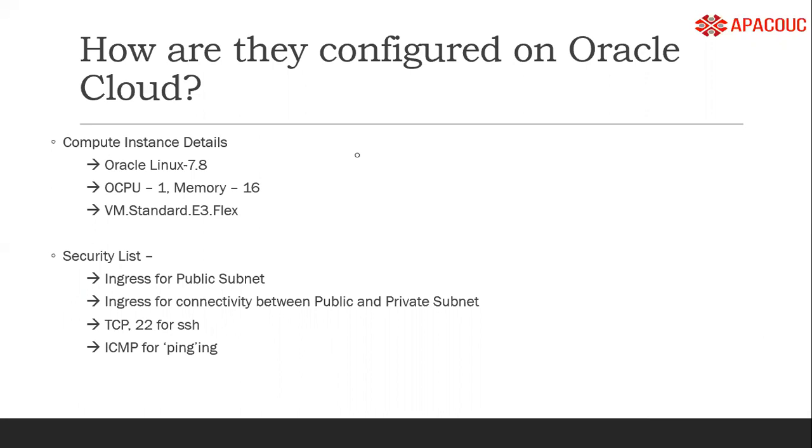I give 16 GB of RAM, and I would be tweaking the security list here, wherein I'll make sure the TCP protocol and port 22 for SSH is open and available at 2 endpoints. The first one will be at the public subnet, and the second one will be at the private subnet. I can optionally also enable ICMP so that I'm able to ping the Bastion server over the internet.